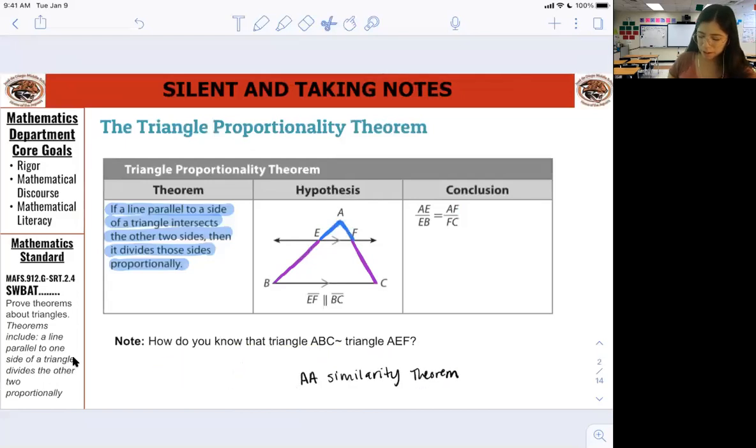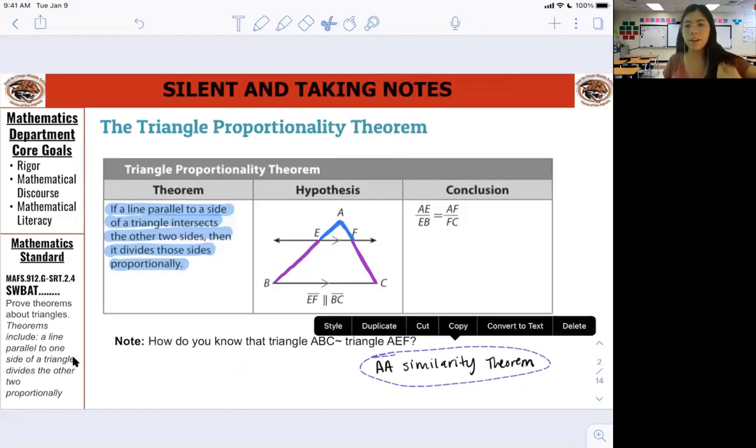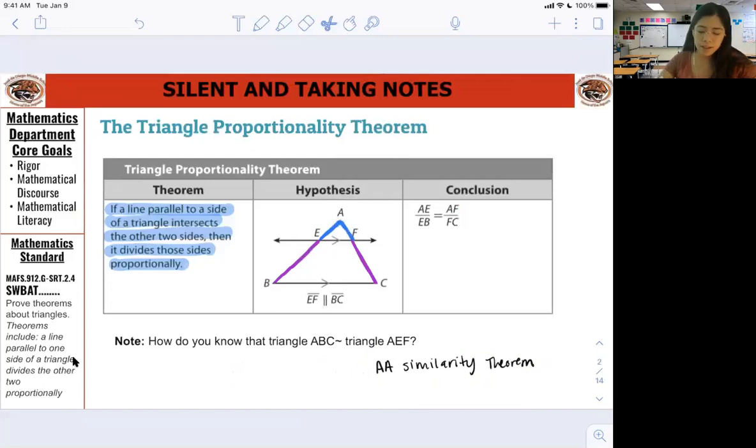You got it. So it all comes down to the AA similarity theorem. Which angles in particular are we talking about? So which ones are congruent? Angle A is congruent to itself. That's reflexive.